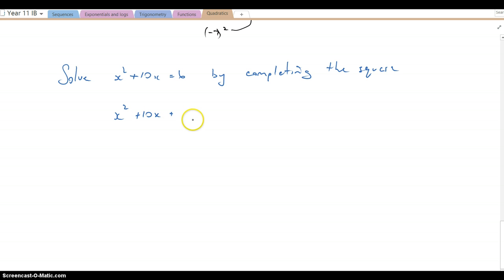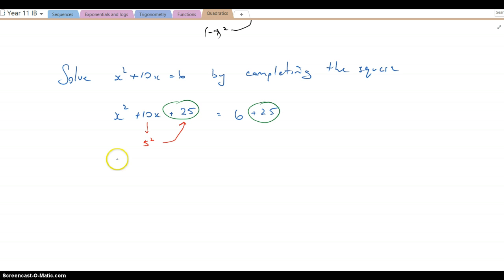Now I know it's going to be a plus, and I know it's going to be half of that, which is 5 squared, going in there. So I need a 25 in there, and because I've added 25 to the left side, I've got to add 25 to the right side. So don't forget that what you do there, you have to do there.